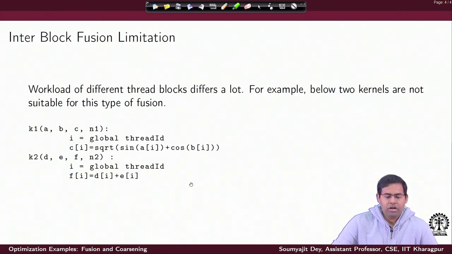Now, this interblock fusion also has limitations. So, what are the limitations? The workload of different thread blocks may differ a lot. Suppose the workload of different thread blocks differ a lot, then this may not be a good idea.